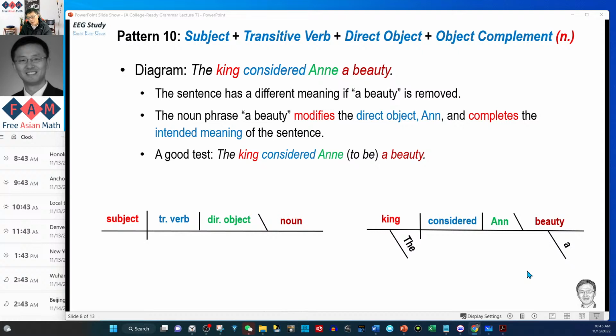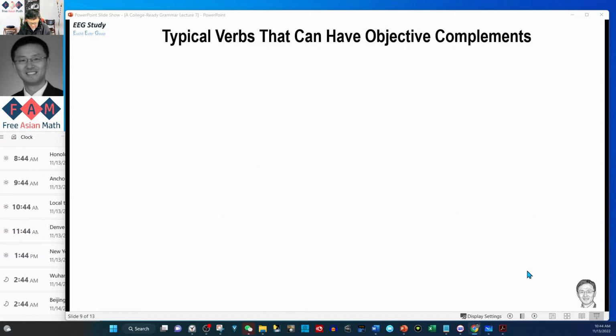One is an indirect object. Another one is a complement. They both add something about the object, but in a very different way, right? So we need to make some distinctions. But before doing that, just like we reviewed what kind of verbs can have an indirect object, we think about what kind of verbs can have object complements, okay?